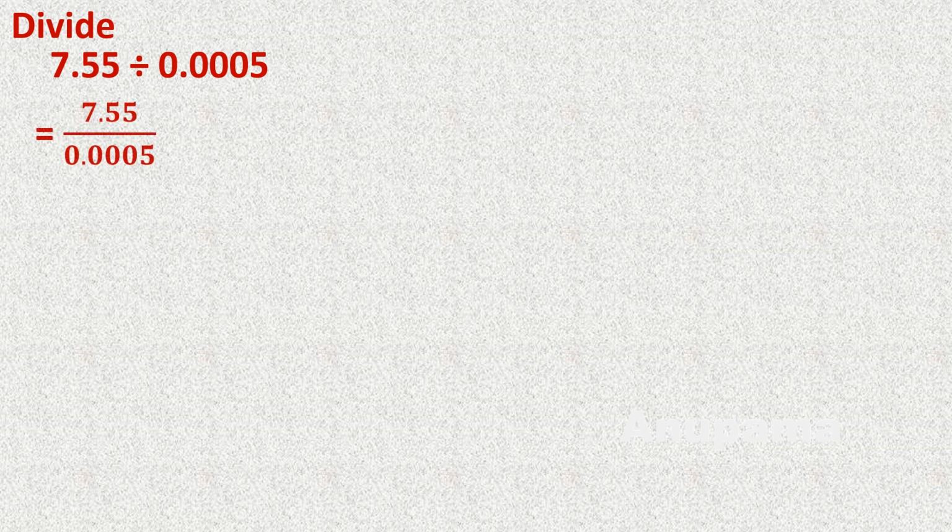890. Let us do one more question so the things will be clear to you. 7.55 divided by 0.0005. Now at first we will write it as a fraction. So it is like that, 7.55 divided by 0.0005.